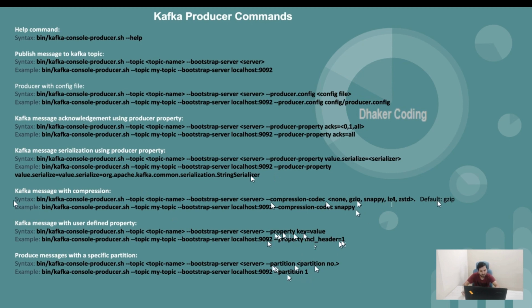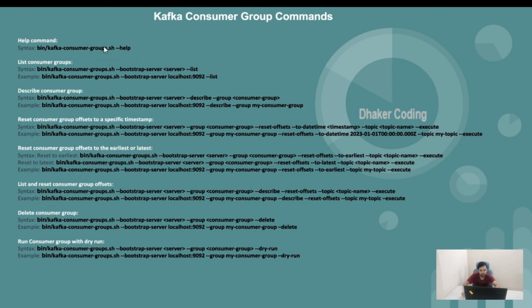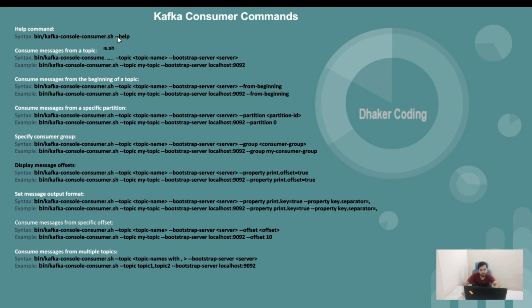Now let's go to the Kafka consumer commands. Similar to the producer, we have kafka-console-consumer.sh as well. You can use --help to get all the options. Now let's say I want to consume the message from a specific topic.